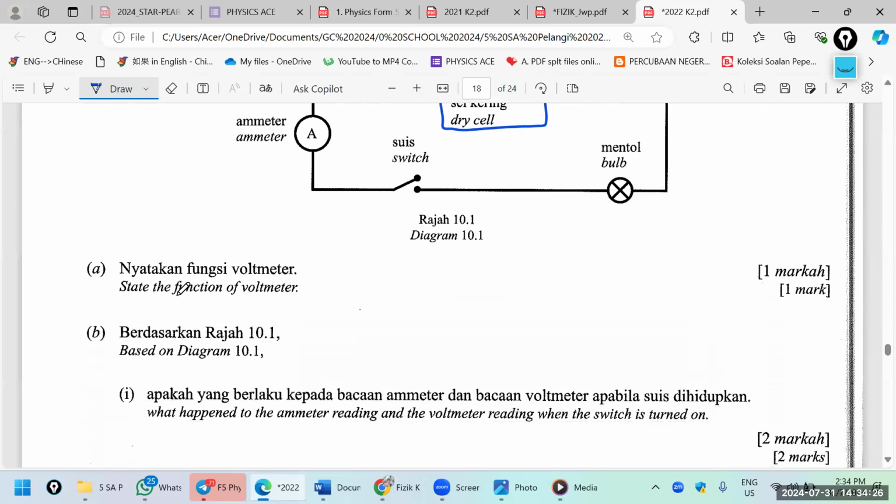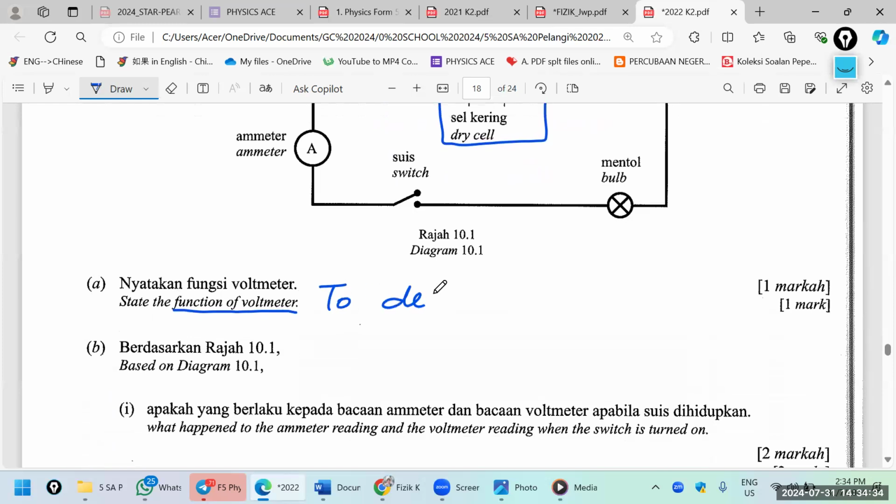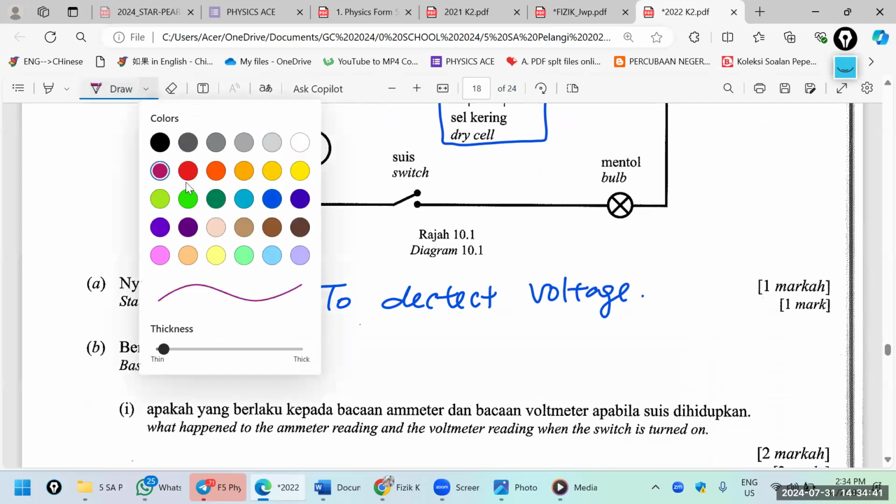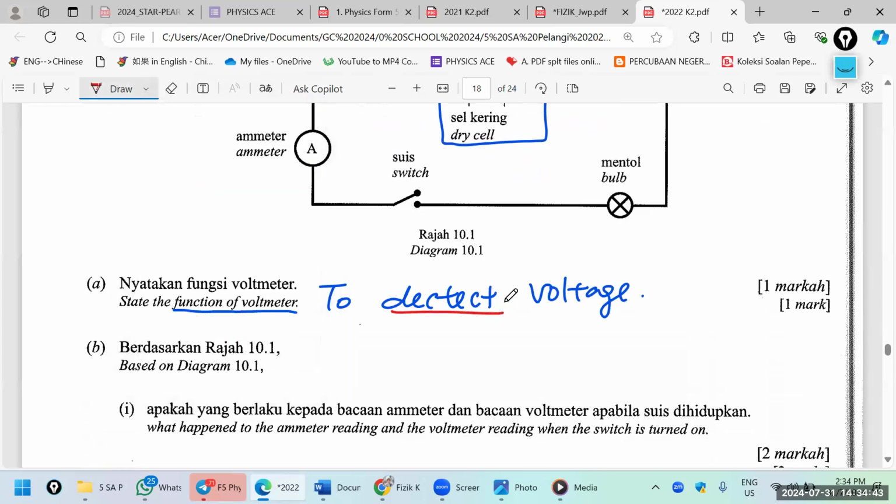Now, state the function of a voltmeter. Can I say to detect voltage? The answer is no. Please use the word measure.